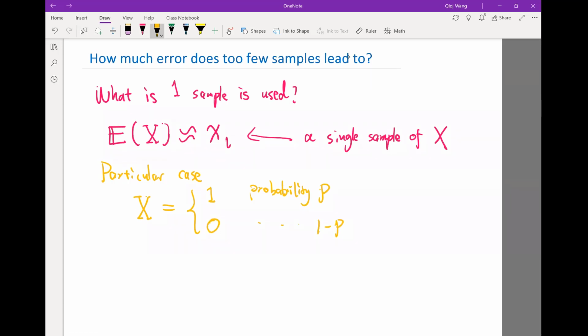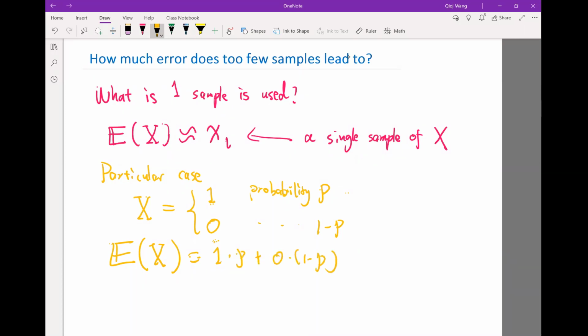For this particular case, what is the expectation of X? It is the value 1 times the probability that it takes 1, plus the value 0 times its corresponding probability. So 1 times p plus 0 times 1 minus p.